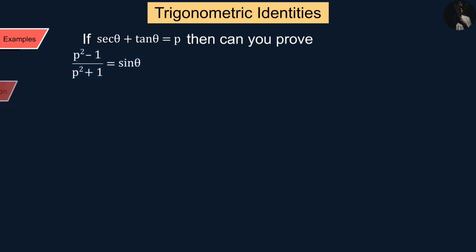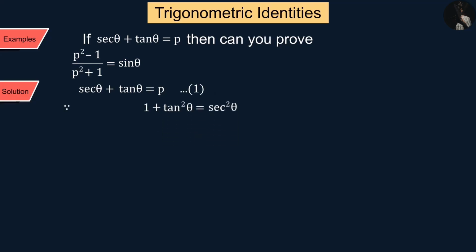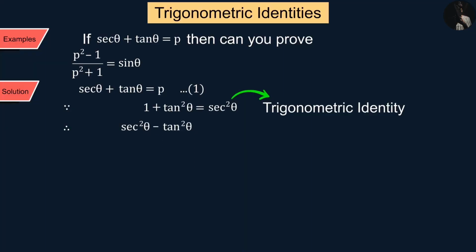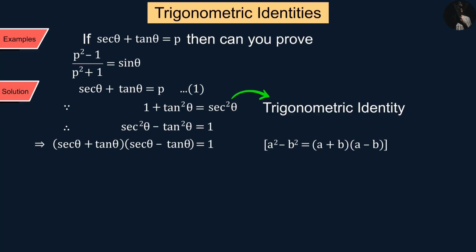Let's see. Given that sec theta plus tan theta is equal to p, which is represented by equation 1, and we know that 1 plus tan square theta is equal to sec squared theta, which we solve by keeping the square of sec theta minus the square of tan theta as 1. And from the equation, we know that sec theta plus tan theta is equal to p, which is substituted here.